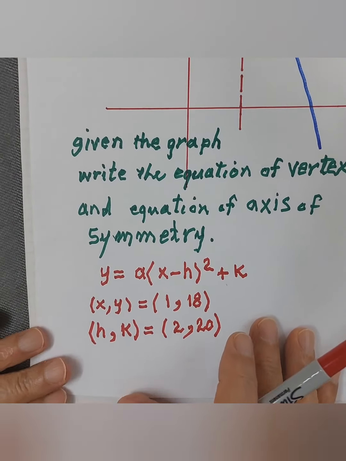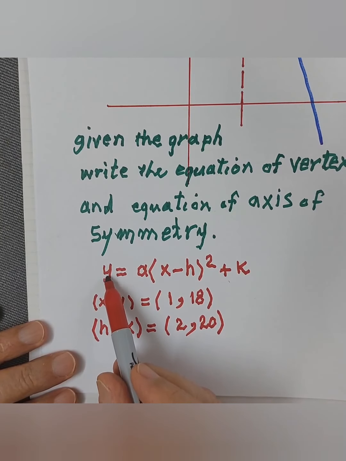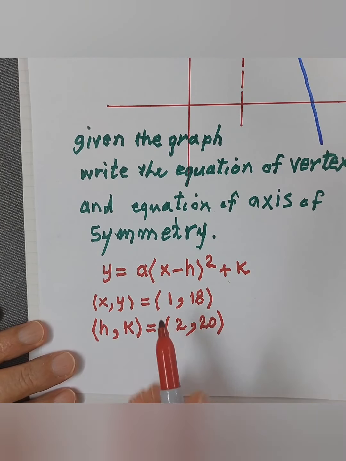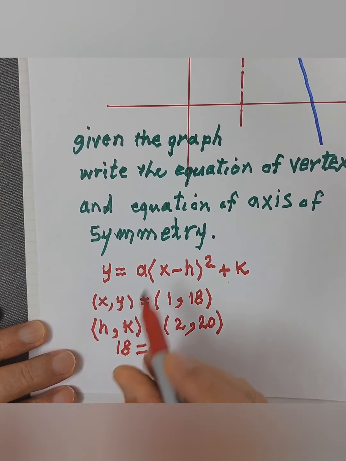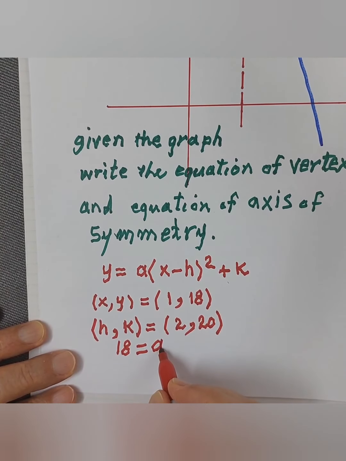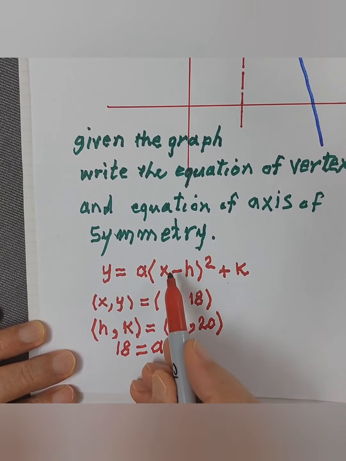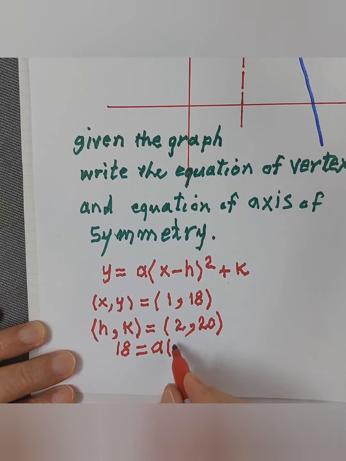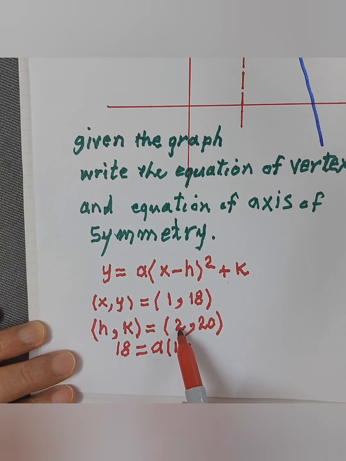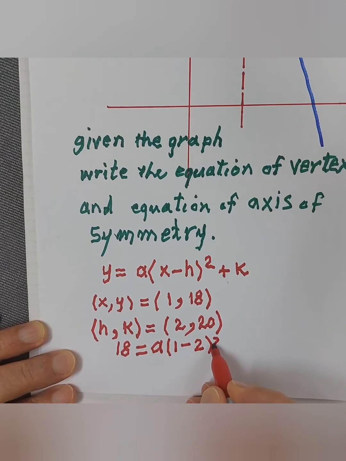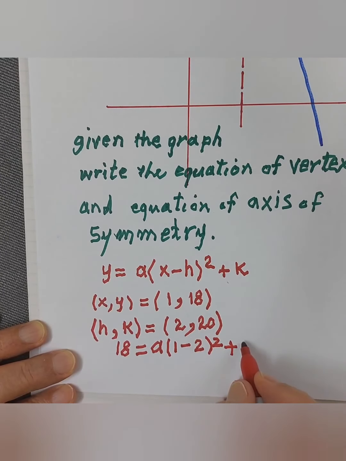We get, according to this, instead of y, we put 18. A is still unknown, we write a. Instead of x, we write 1, minus, instead of h, which is 2, squared, plus k. k is 20.